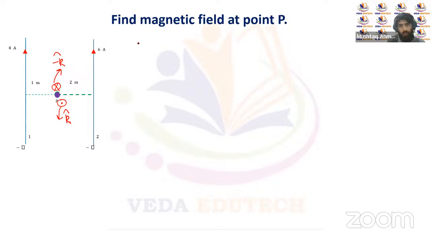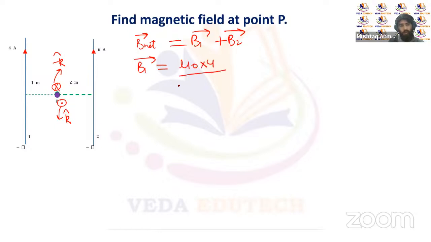Therefore, net magnetic field B net will be equal to B1 plus B2. B1 vector will be equal to mu naught I, which is 4, upon 2 pi d, and the value of d is 1 here. The direction is into the plane of the paper, represented by minus k cap.